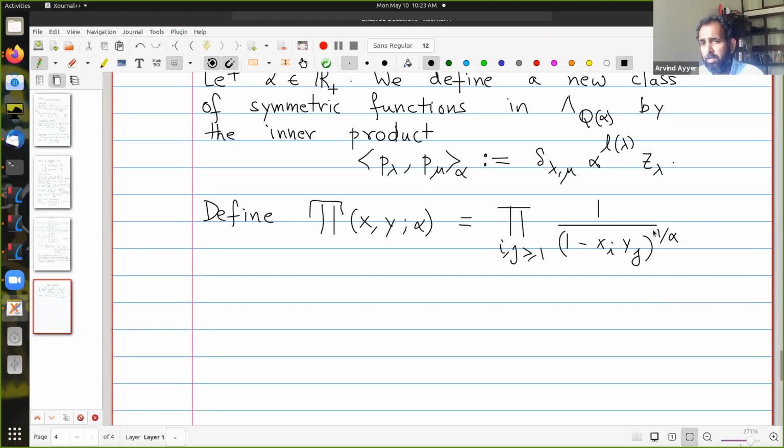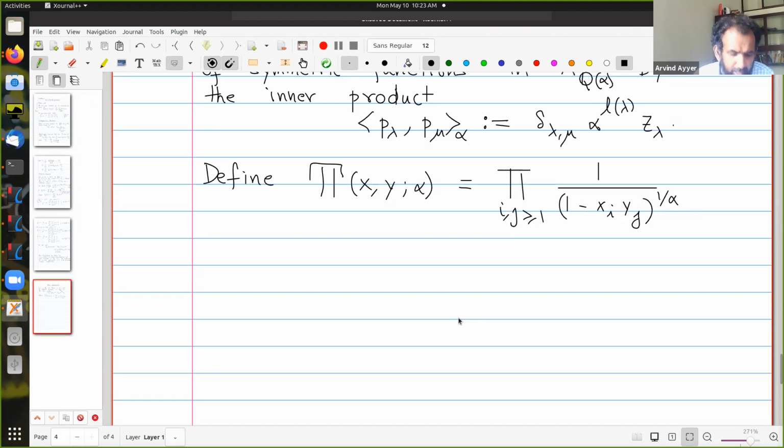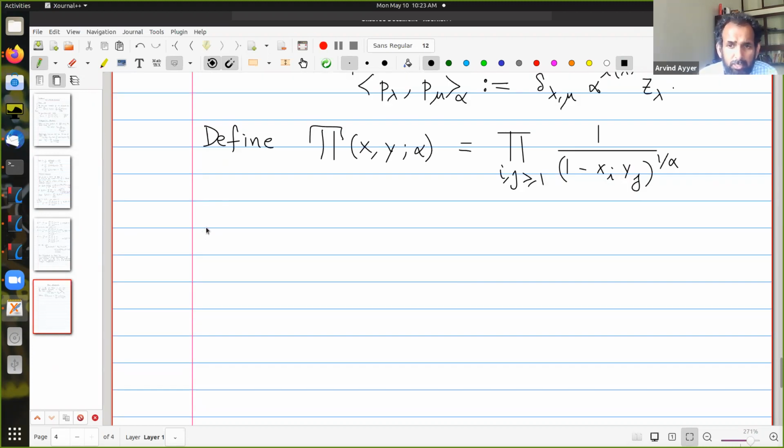Okay, so it's a very different kind of deformation of the Schur case, as you can see. If you set alpha equal to 1, this will become 1, and you will get the Hall inner product, and this will also become 1 over (1 minus x_i y_j). And this is the analogous theorem.